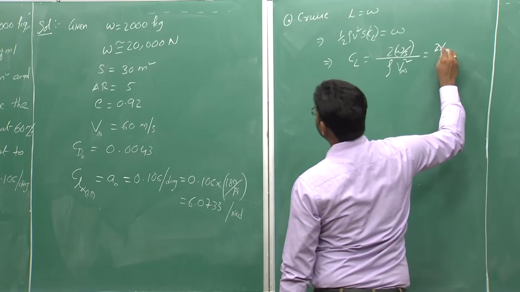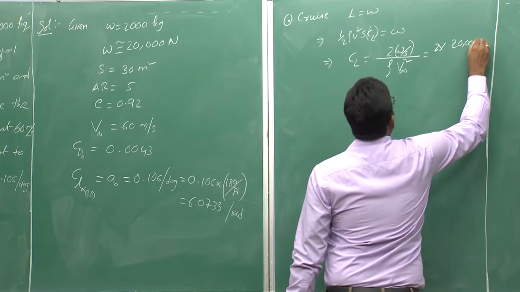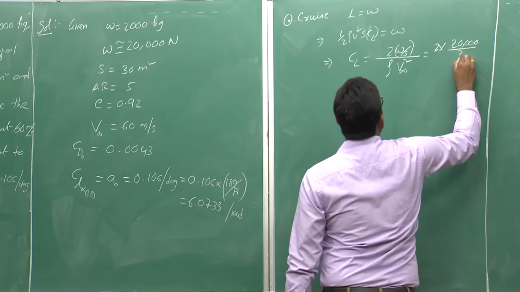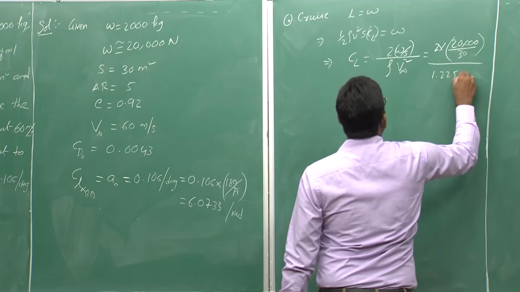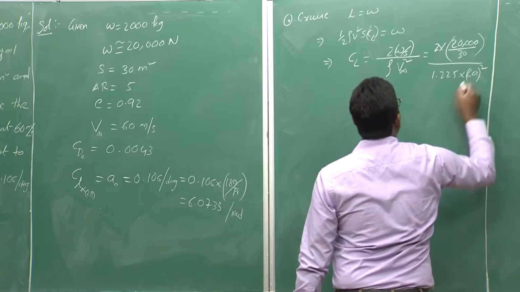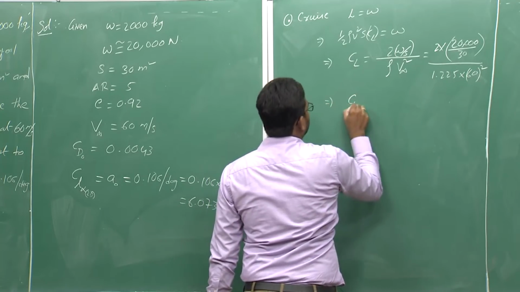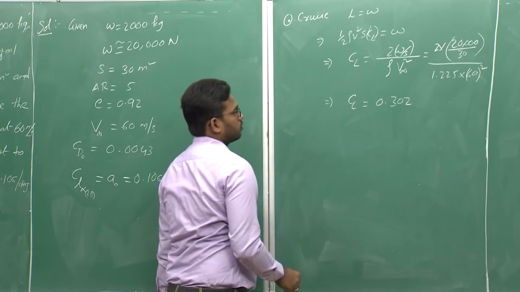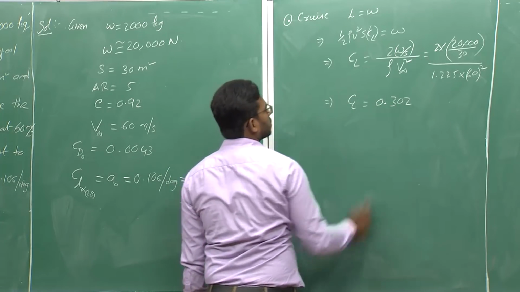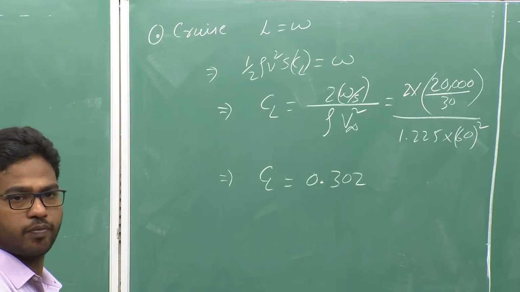W is 20,000 newtons, S is 30 meters square, divided by 1.225 into 60 square, which gives 0.302. 0.302 is your CL for this corresponding flight.